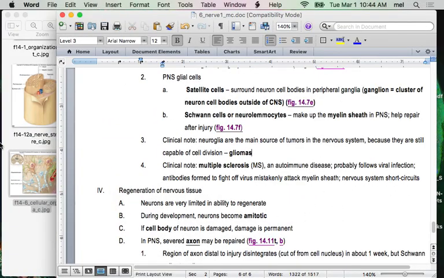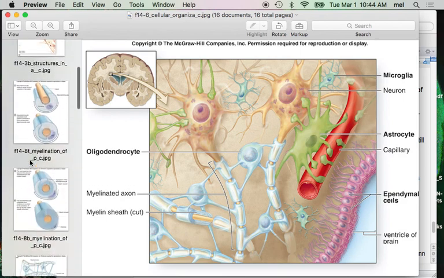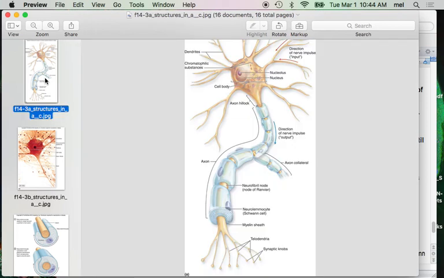Then the other thing is, let's talk about multiple sclerosis. Multiple sclerosis is an interesting disorder because it's related to myelination. With MS, a person gets exposed. They think it's getting exposed to a virus, although they don't know which one. You get exposed to a virus, and then your immune system ramps up because of the viral exposure, right?